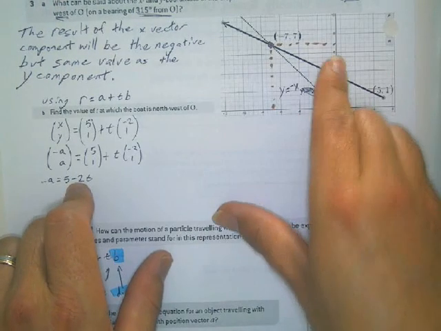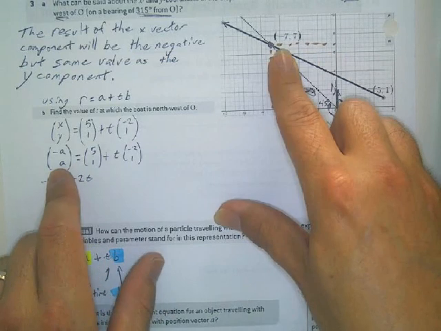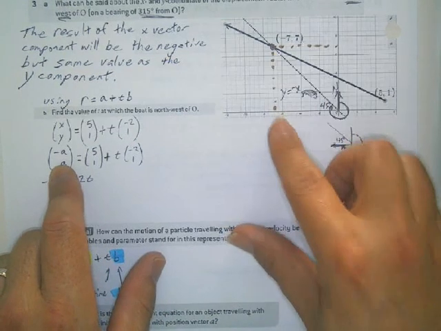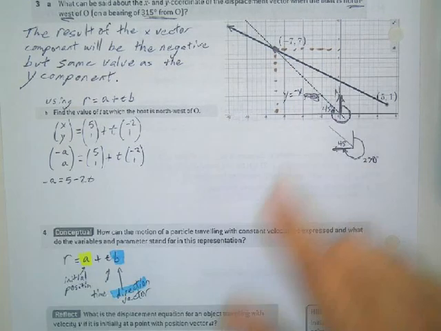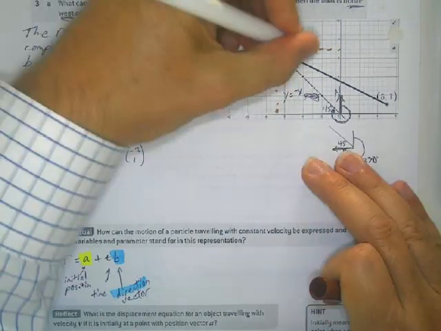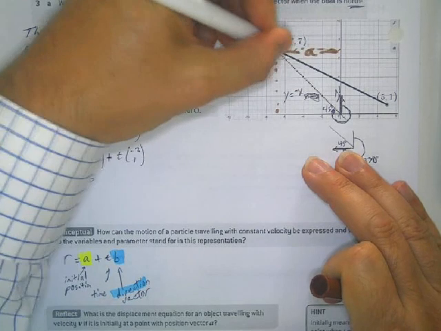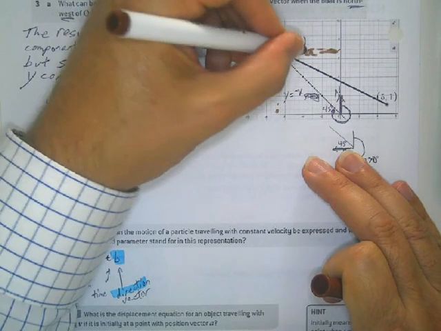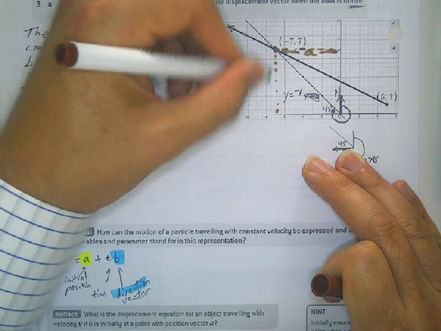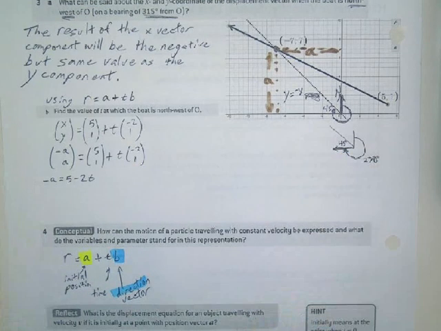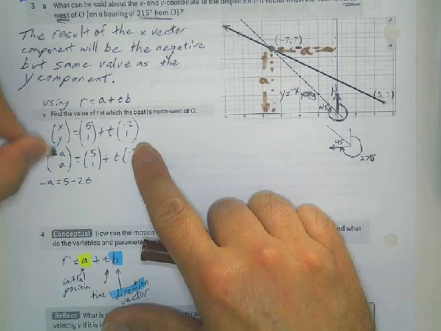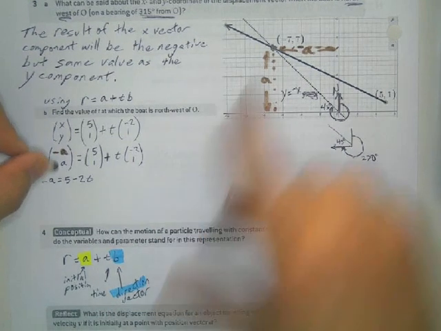So in the x direction, I'm going negative. In the y direction, I'm going up. So I'm just going to call this distance here a, because I don't have a better letter. And then here, I'm going to call that negative a, right? And I'm going to call this distance a. Okay, so I've got, in the x value, negative a, and in the y direction, a.